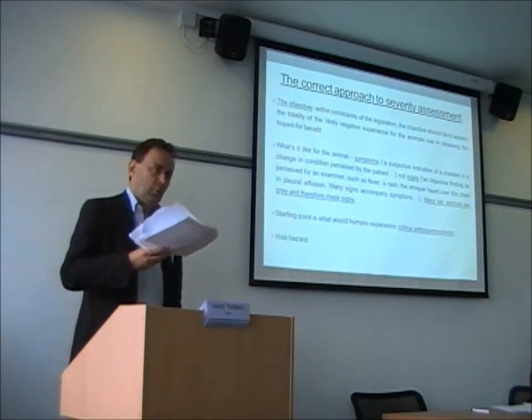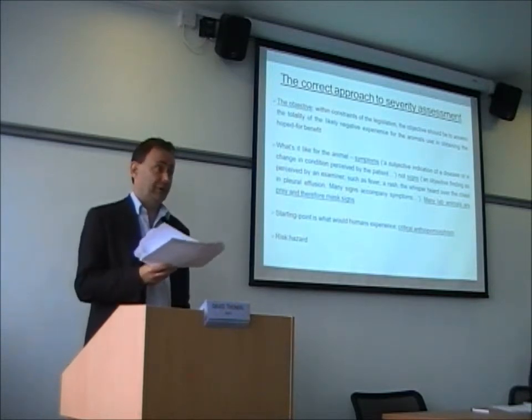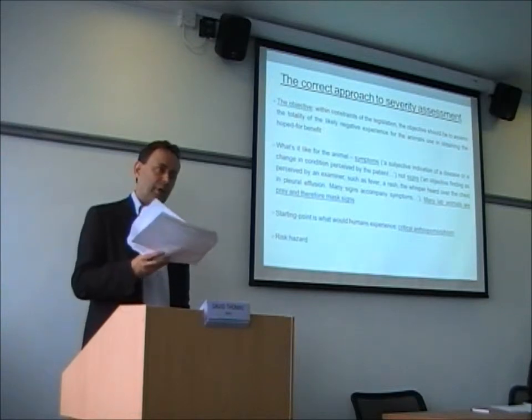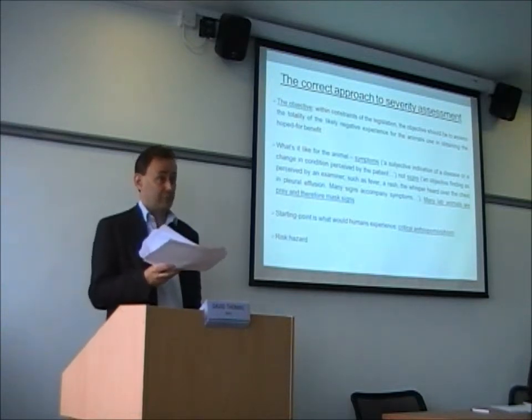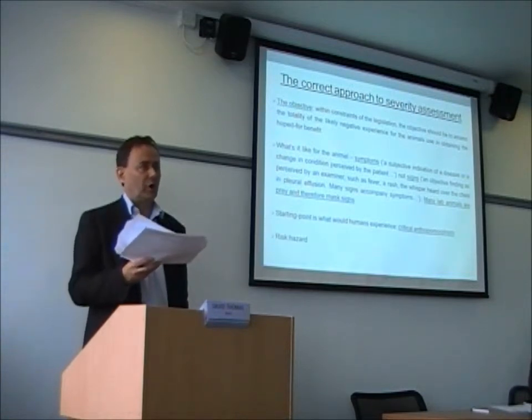What one should try to do, I think, is to ask what it's like for the animal. Now, obviously, that's difficult. That's not easy. But what it means is that you look for symptoms which are about subjective experience rather than objective signs.